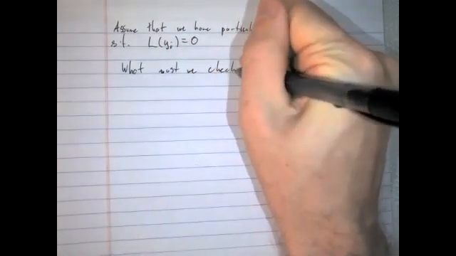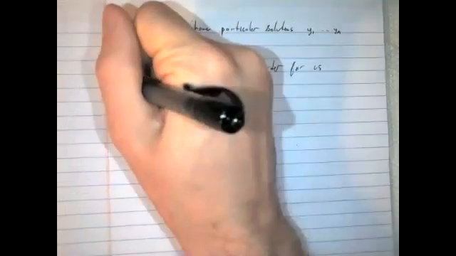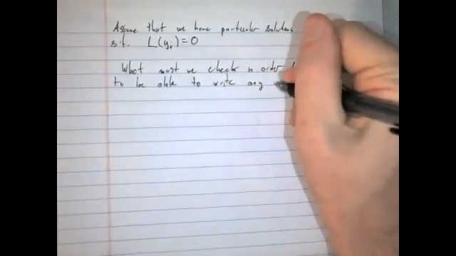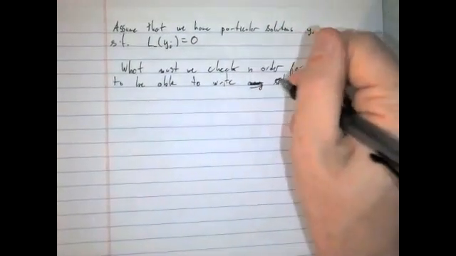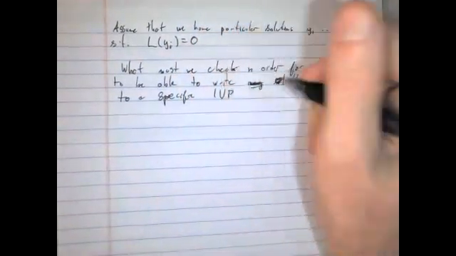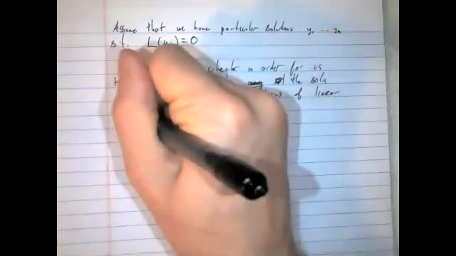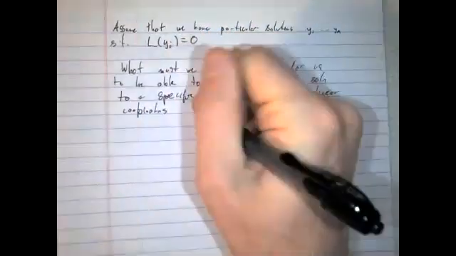So what do we need to check in order for us to be able to write any solution, or write the solution to a specific IVP, in terms of linear combinations of the yi?